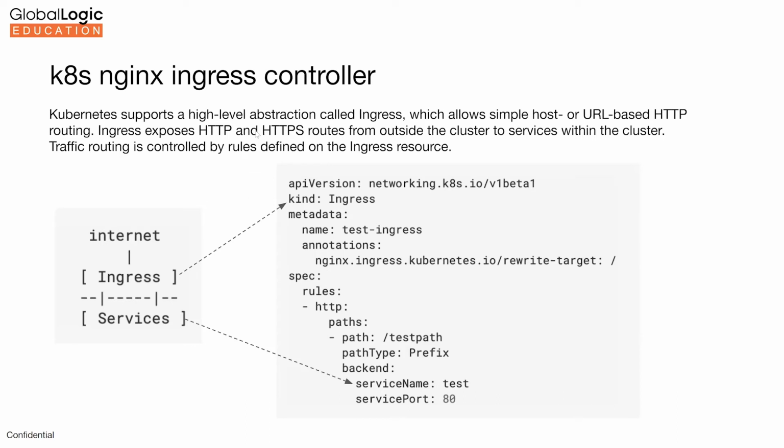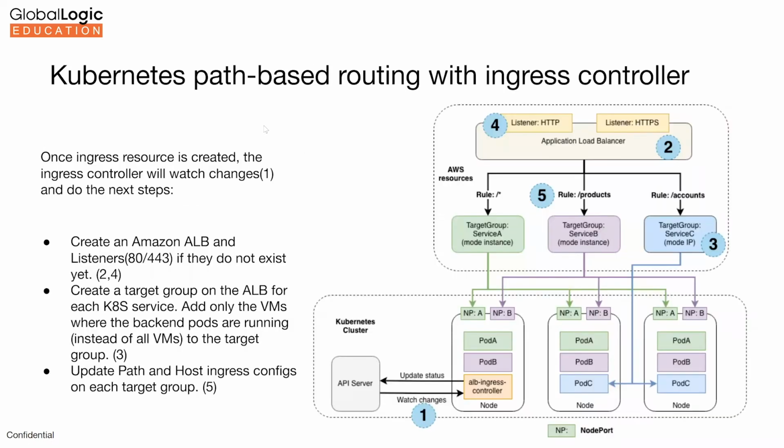It provisions a single classic load balancer. For some use cases, this means that you can spend less because you don't need to have a separate load balancer for each service. So for example, a load balancer costs about $20 per month. If you have 50 services that don't have high load, that would mean $1,000 per month. With a single nginx ingress controller, single load balancer, it would be just $20.